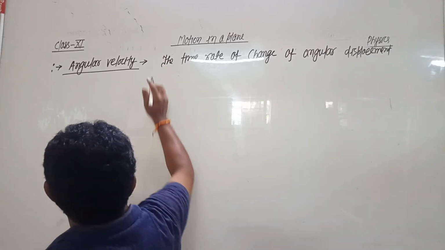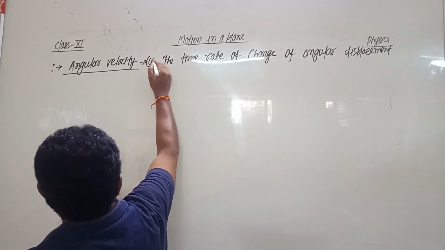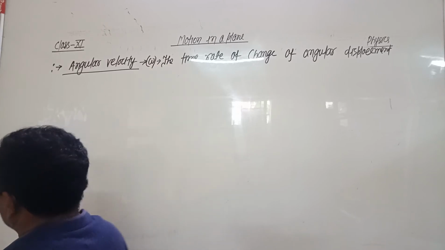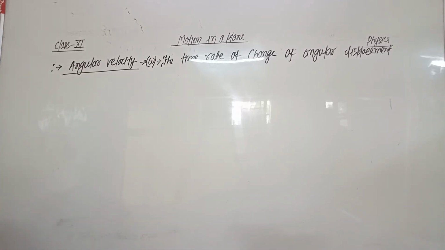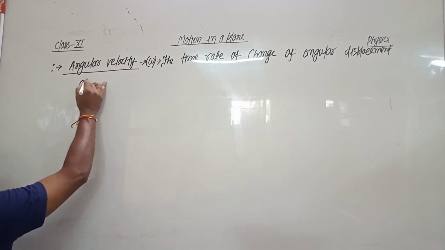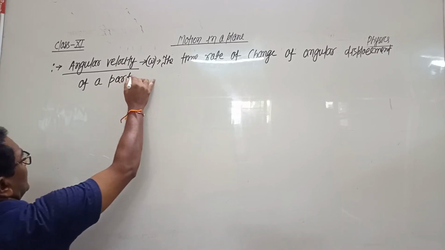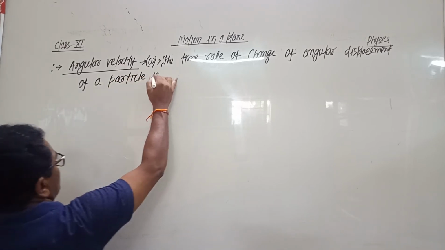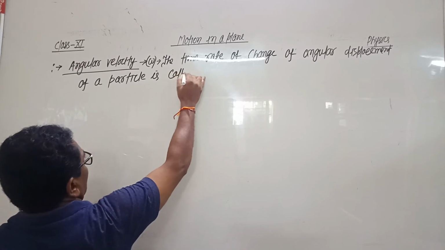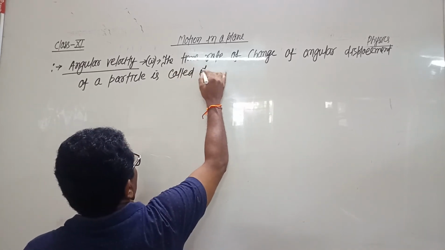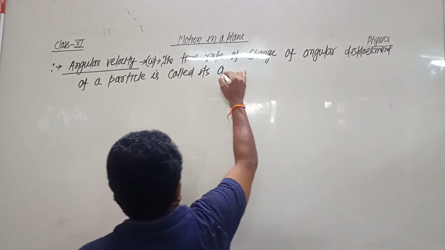Angular velocity is represented by omega, and the definition is the time rate of change of angular displacement of a particle is called its angular velocity.